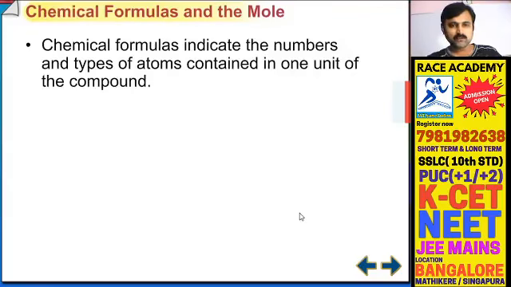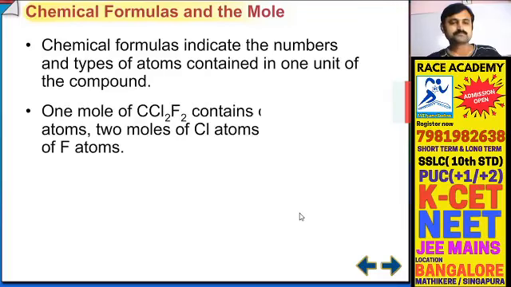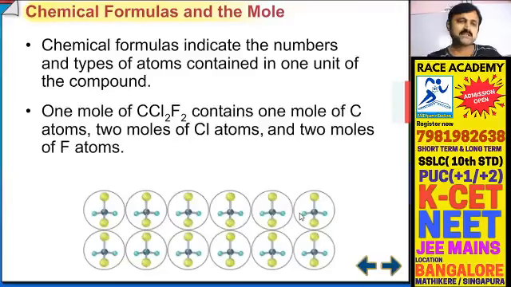For example, chemical formulas indicate the number and types of atoms contained in 1 unit of a compound. So how can I understand this one? If you take 1 mole of CCl2F2, that contains 1 mole of carbon atoms, 2 moles of chlorine atoms and 2 moles of fluorine atoms.